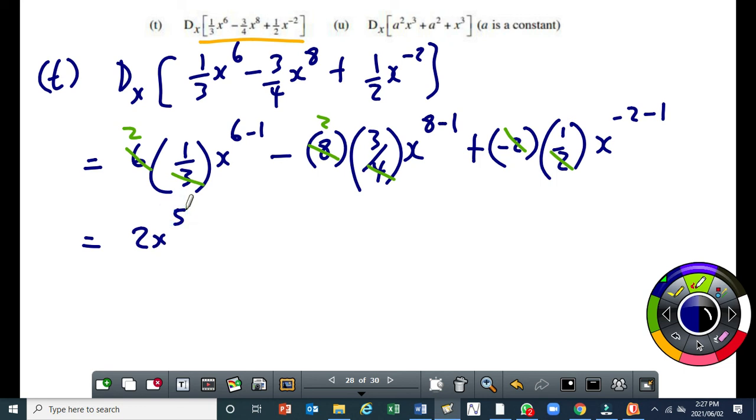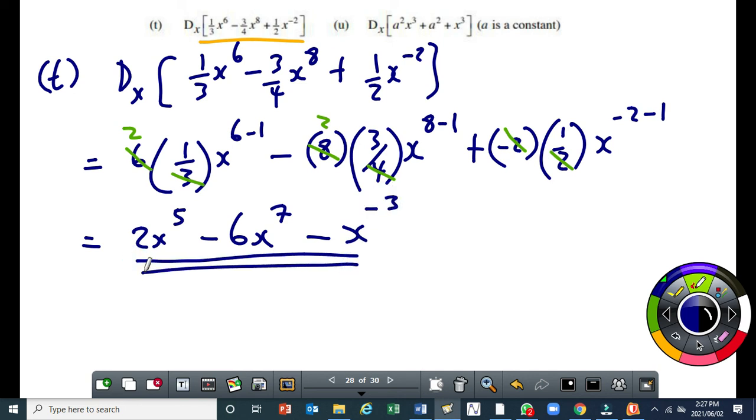Then I'll have minus 2 here times 3. That will be minus 6x to the power of 7. Then this minus 1 times that 1, I'll get negative 1, which I can just not write, and put x to the power of negative 3. So this will be the derivative of that trinomial.